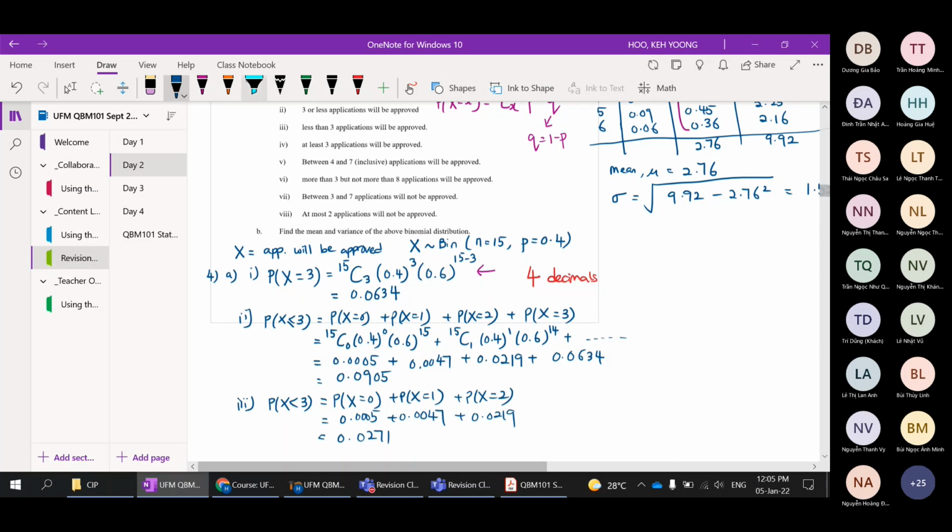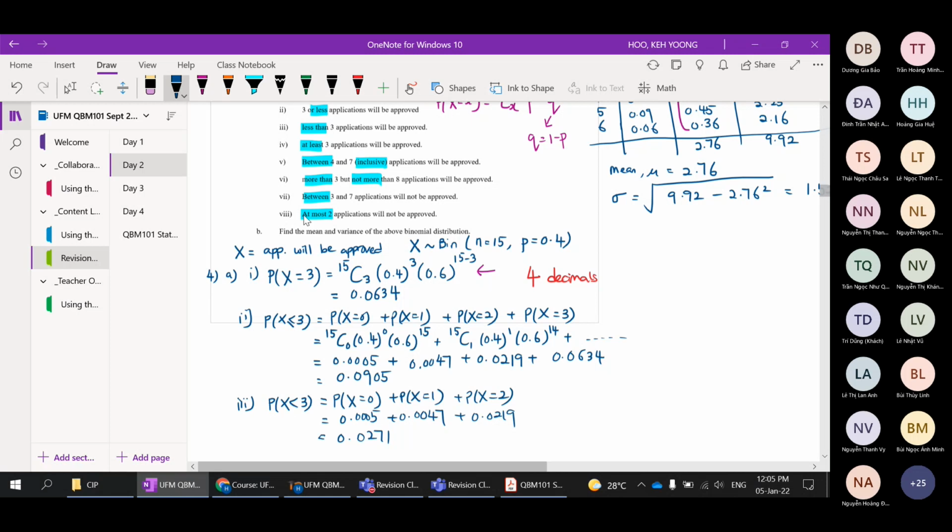This is just to test you, when you see different kinds of words, what inequality sign you use. So you need to know: less than 3, you use less than, the arrow to the left.